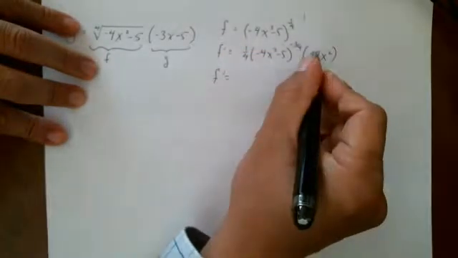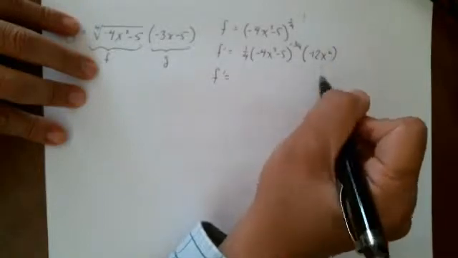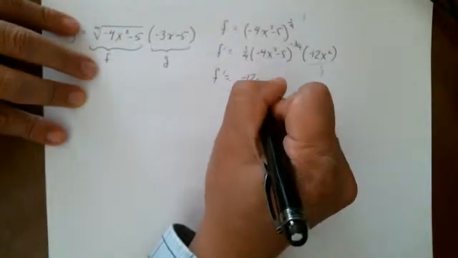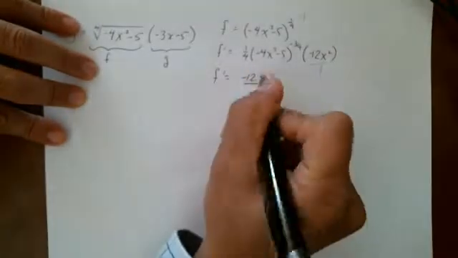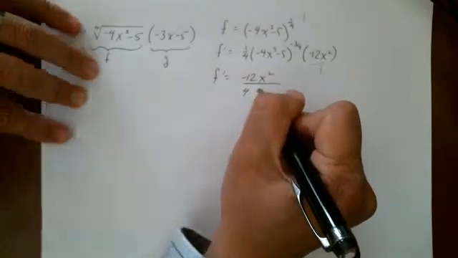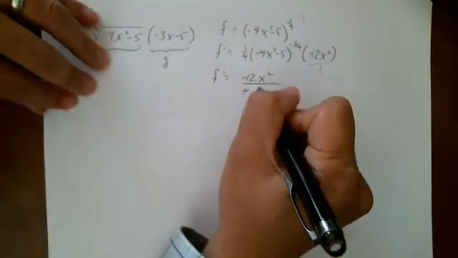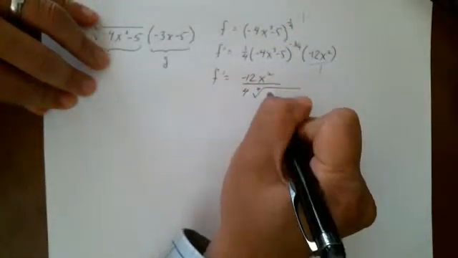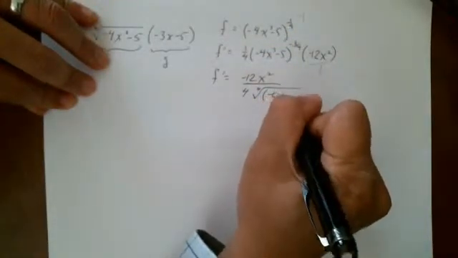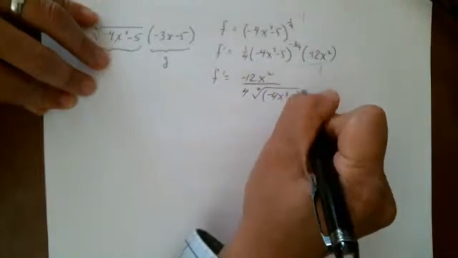f prime, in other words, if this goes to the denominator, the numerator is over 1. Negative 12x squared all over 4 times, we're going to change it from exponential to radical form. It's going to be the 4th root of the quantity negative 4x cubed minus 5, cubed.